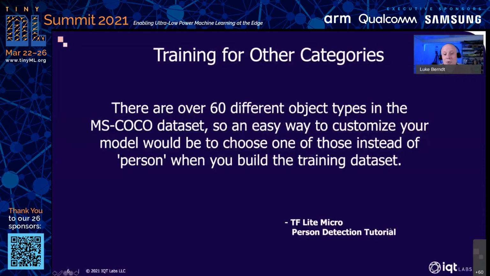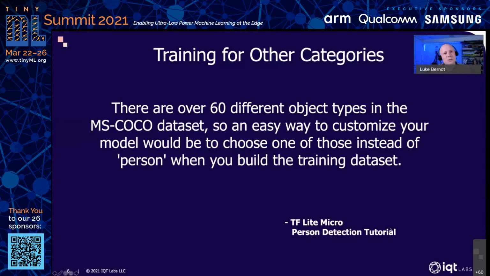So as part of the tutorial on how to do person detection, it suggests that since there are all these other classes of objects, why don't you try to build and customize one for a different type of object besides person? And it comes with a number of scripts for building your own data sets using the visual wake word scripts. So I went ahead and did that. The training does take a bit of time.